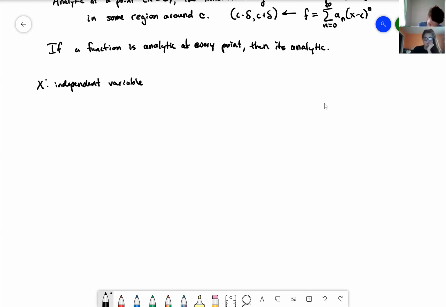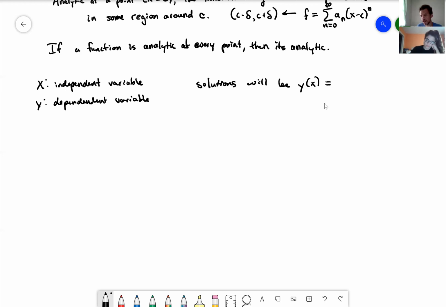But for simplicity of notation, we're just going to use x as the independent variable, y as the dependent variable, and solutions to the differential equation will be y of x, which we are seeking in terms of a power series, the sum of a_n times (x minus x0) to the n.